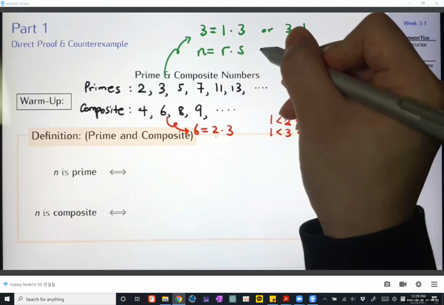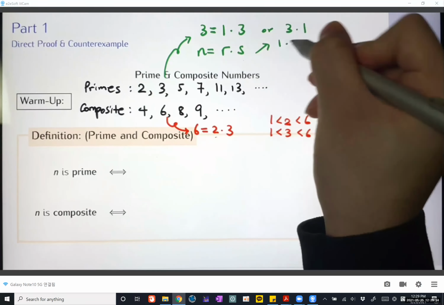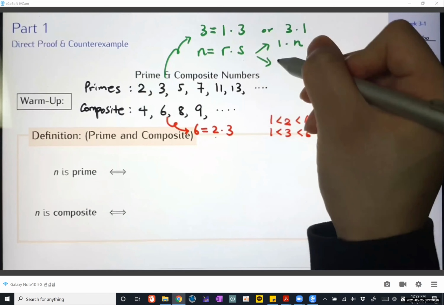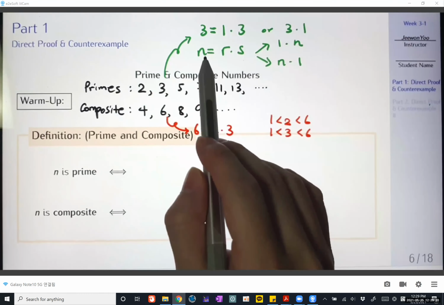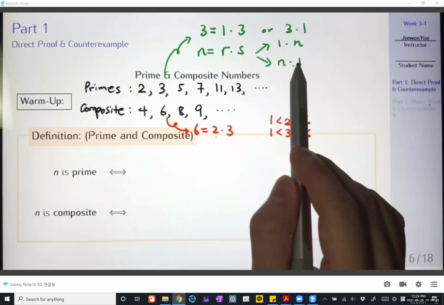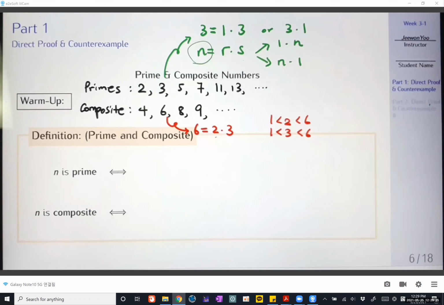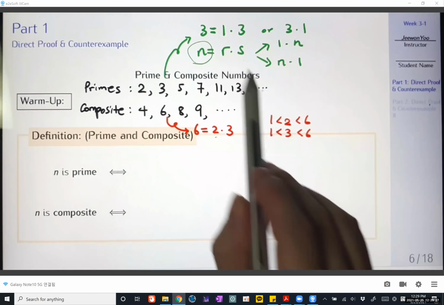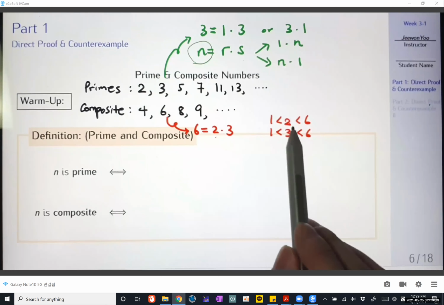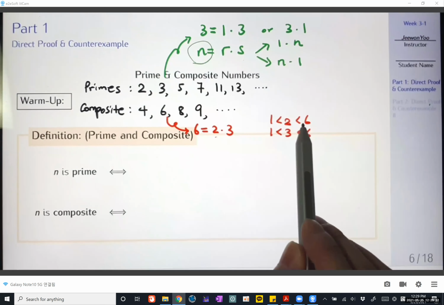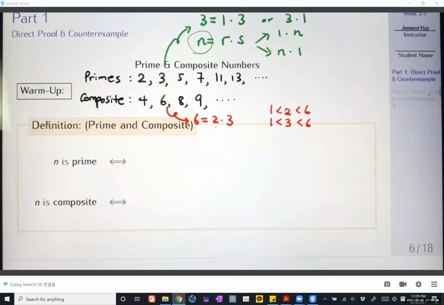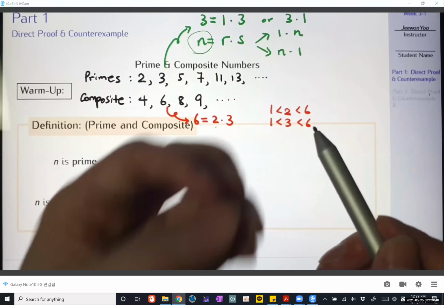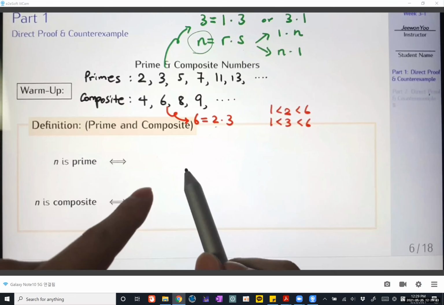So if the only factors of n are 1 and n, then we can say n is a prime number. Otherwise, if r and s are more than 1, less than n, then we say the number is a composite number. Okay? If you're confused, please feel free to ask me questions, because I'm about to write down the quantified formal statement of prime.